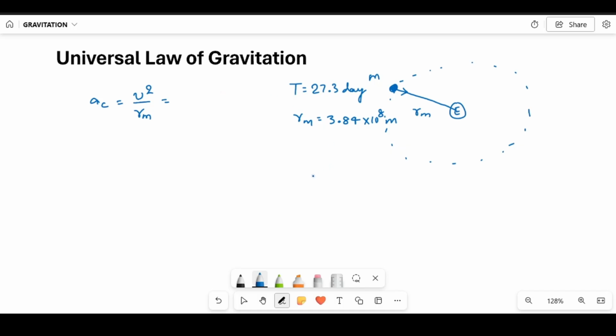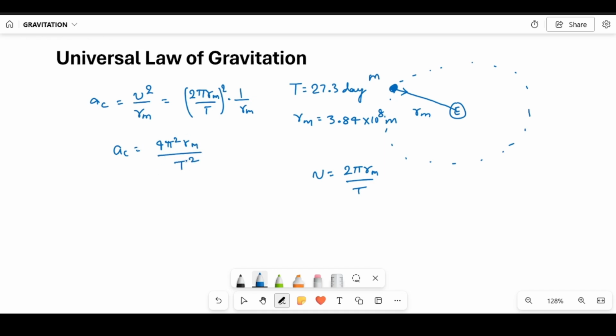So v is speed, and speed can be given as the distance covered in one complete revolution, which will be 2 pi r_m, divided by the time taken to complete one revolution. So this will become 2 pi r_m by T, squared, into 1 by r_m, and ultimately we will have 4 pi squared r_m divided by T squared.